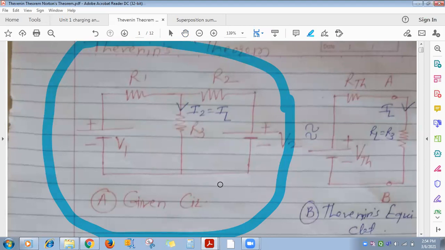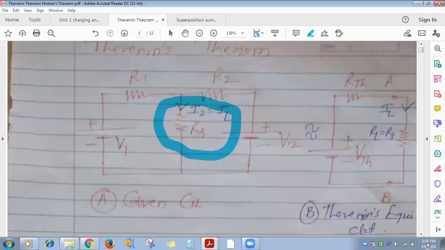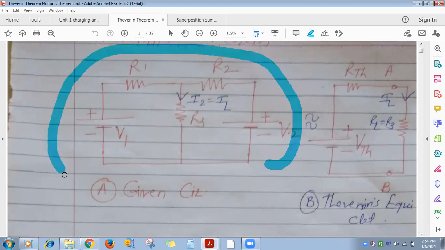Consider you have been asked to find out the current flowing through load resistance R3. Find the current flowing through R3, then R3 we will call a load resistance RL. Current flowing through it is IL, load current. According to this theorem, any given linear bilateral circuit you can represent by its Thevenin's equivalent circuit.